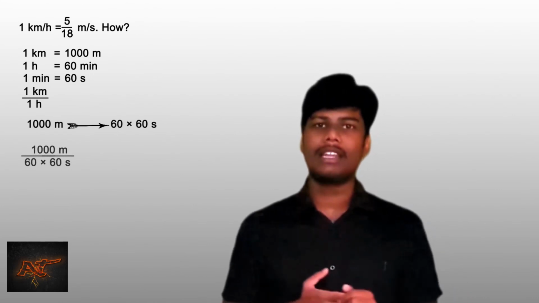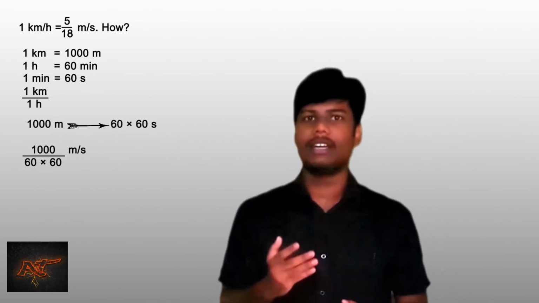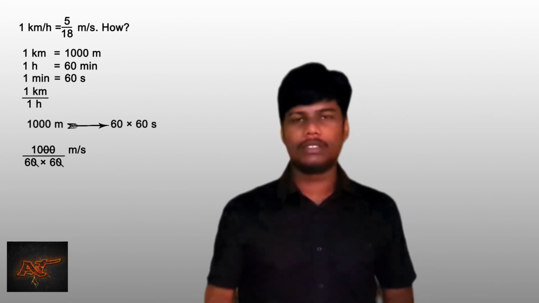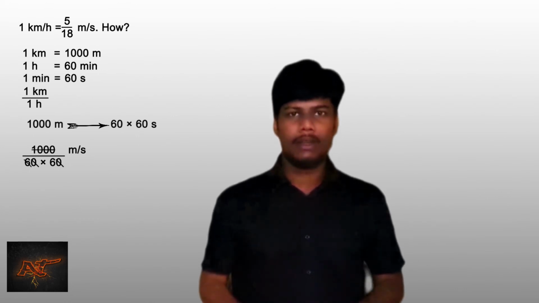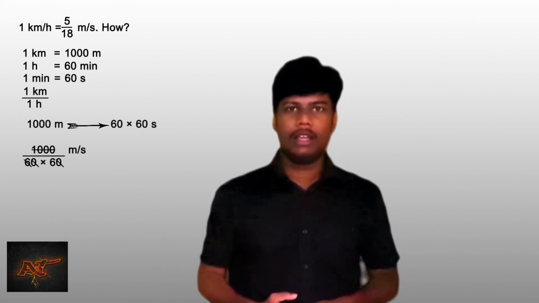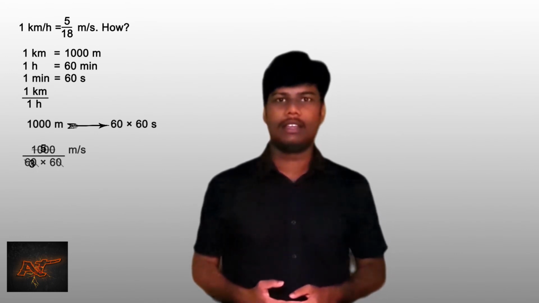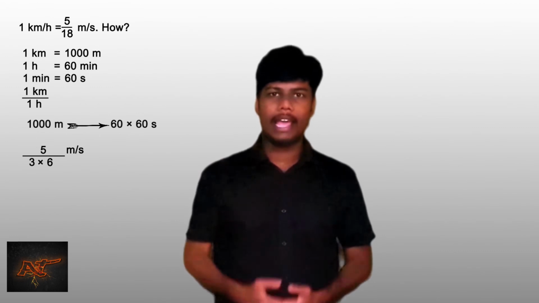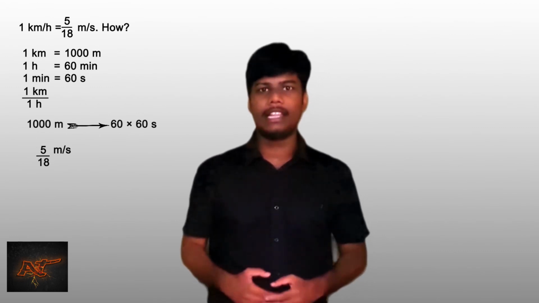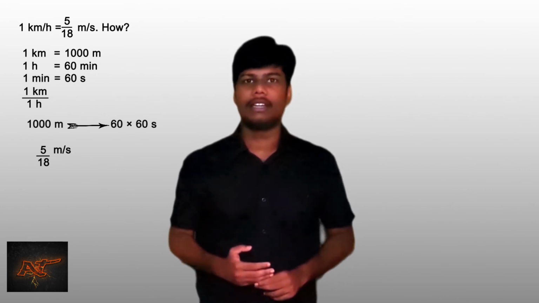So we can write it as 1000 by 60 into 60 meter per second. Cancel zeros. Cancel 10 and 1, 6 by 2. We get 5 and 3. So we get 5 in the numerator and 6 into 3, 18, in the denominator. That is 5 by 18 meter per second.